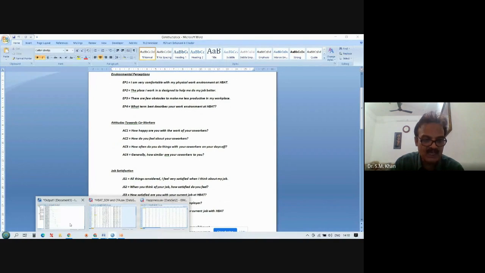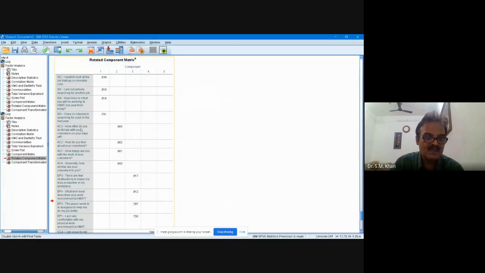If you go back to the output: how often do you do things with your co-workers on your days off? Attitude towards. How do you feel about co-workers? How happy are you with the work of your co-workers? Again, attitude. Generally, how similar are your co-workers to you?